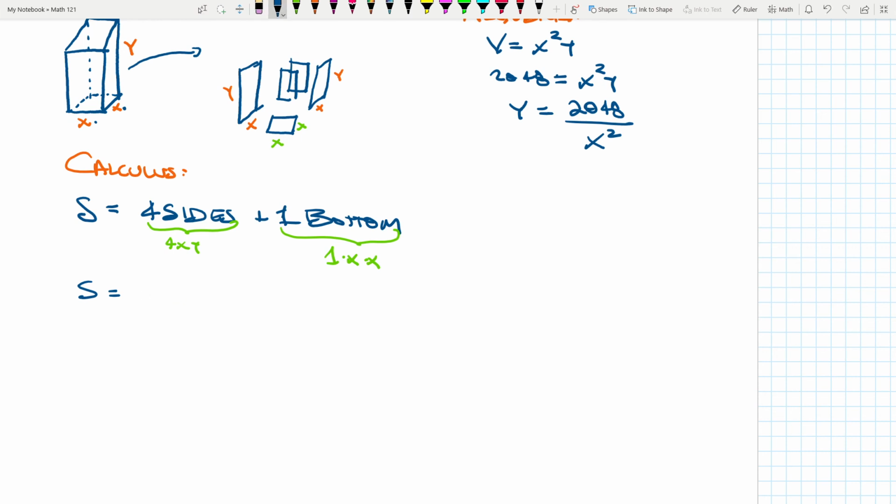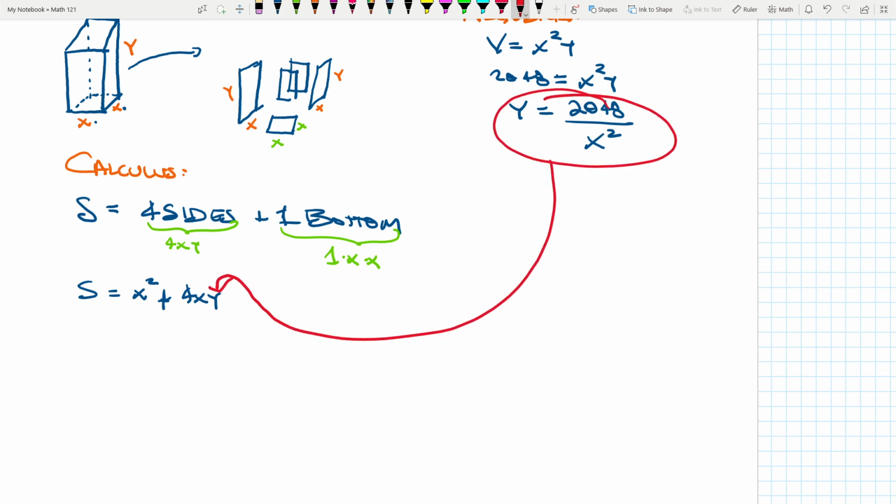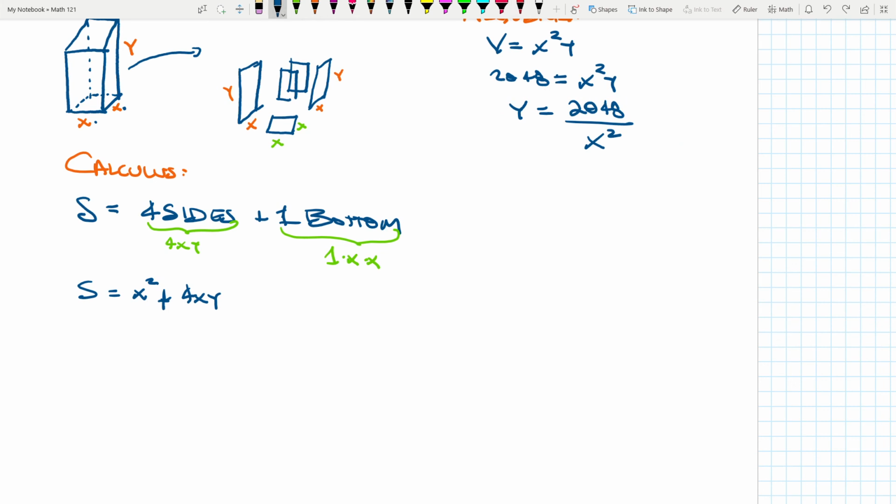That's 1 times x times x, which is x squared, plus 4xy. In this case, we're going to substitute the 2048 over x squared to come up with a function of a single variable. So S equals x squared plus 4x times y, which is 2048 over x squared.